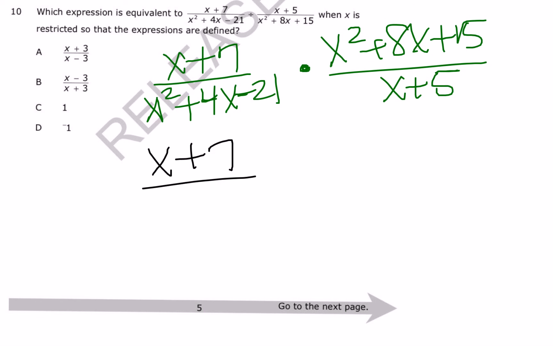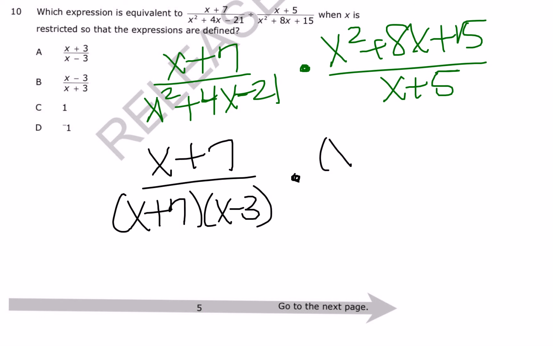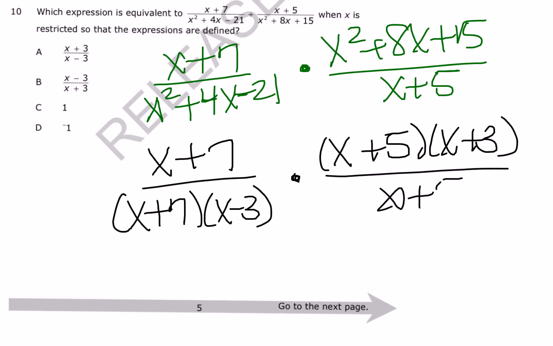Two numbers that multiply to negative 21, but then add to positive 4. So then that's going to give us x plus 7 times x minus 3. And then here, two numbers that multiply to 15 but add up to 8 should give you x plus 5 and x plus 3 all over x plus 5.